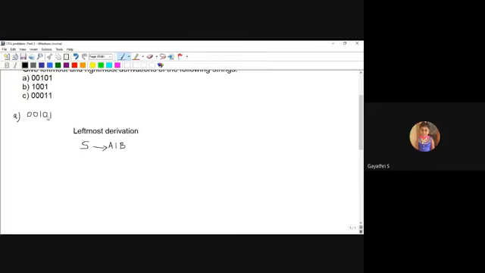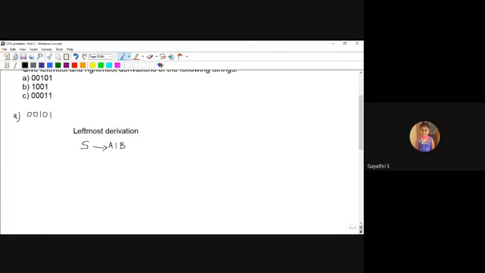What is the leftmost non-terminal here? Post it in the chat box. Here the leftmost is A, and the rightmost is B. Don't forget, leftmost means A, and rightmost means B.